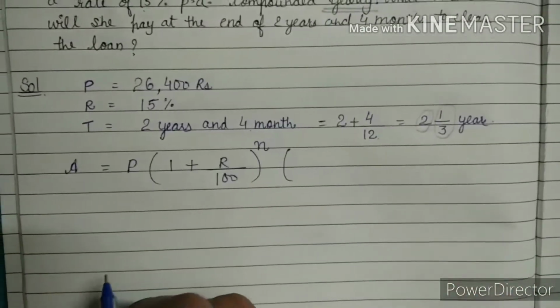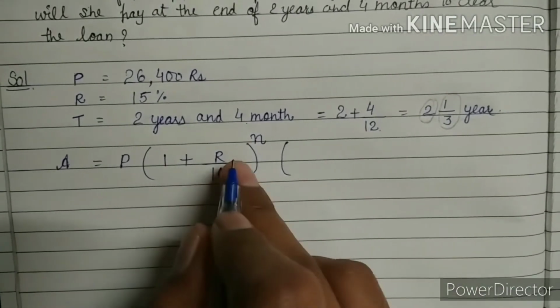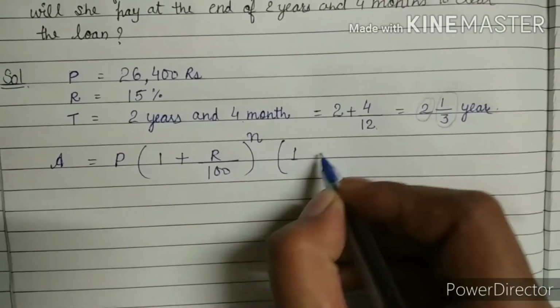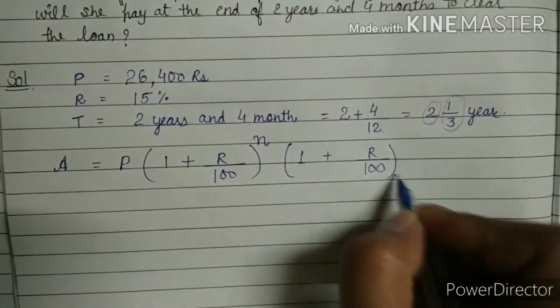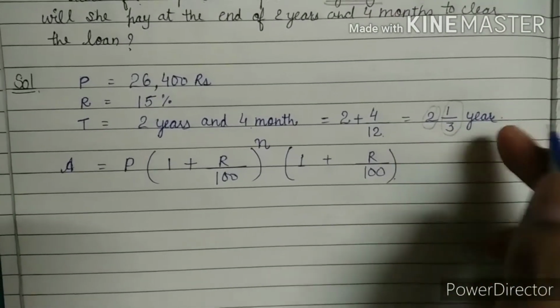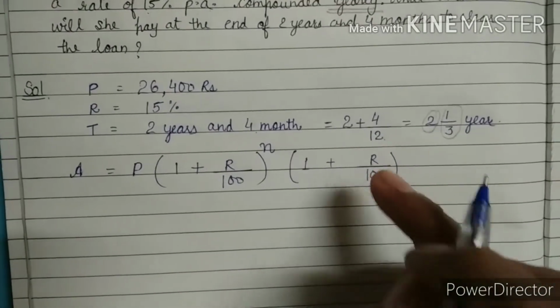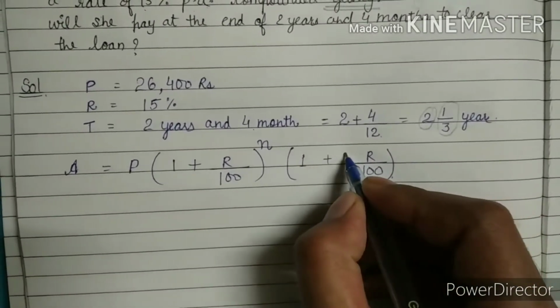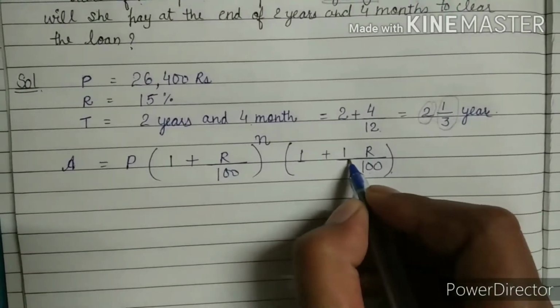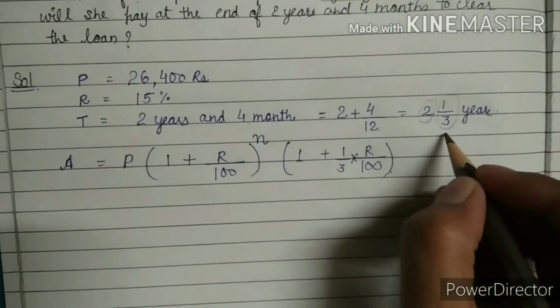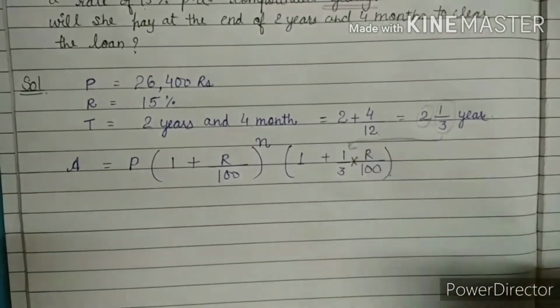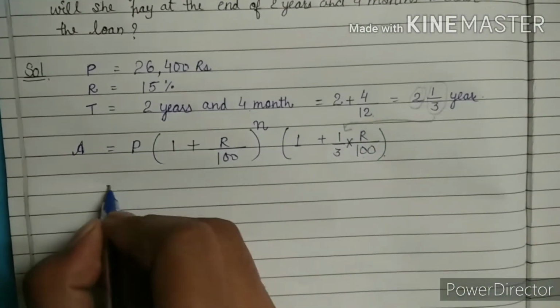That's why we are putting one more bracket: 1 plus r by 100 as it is, but for the fractional part of the time, it will multiply with the second term. The second term is r by 100, so it will multiply with r by 100. Here 1/3 came. Now we can easily solve.